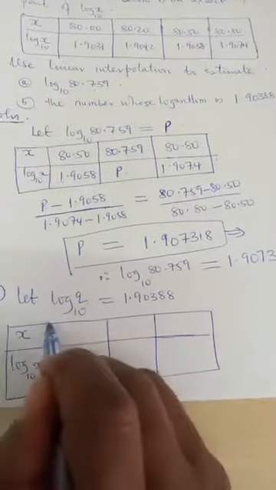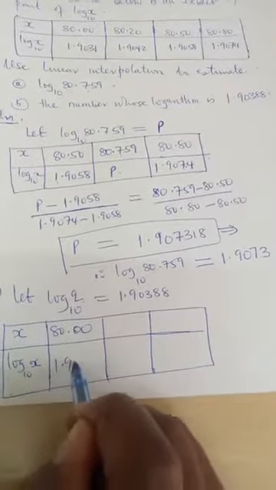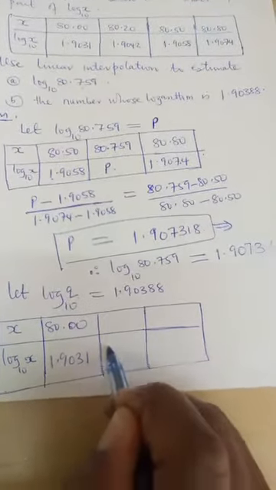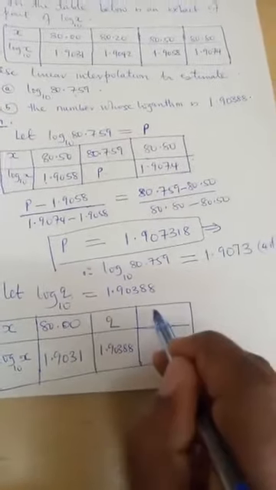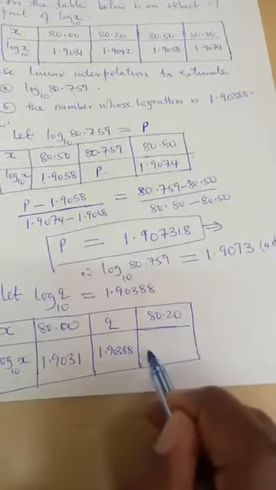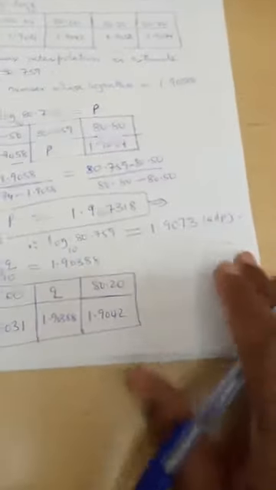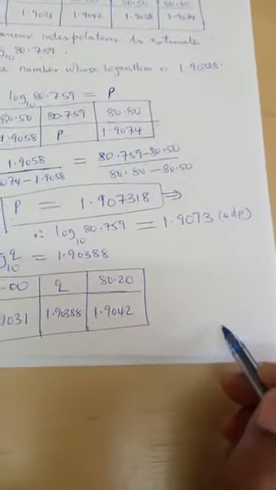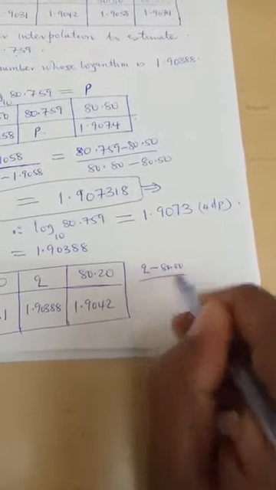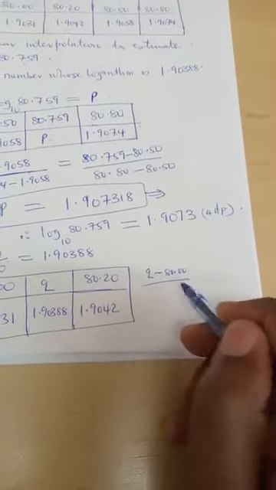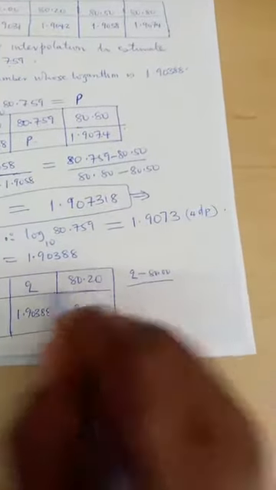So as we attempt to start our solution, we have 80.00, we have 1.9031, here we have 1.90388, this is Q now, and here we have 80.20, and the corresponding value is that. So we will use the same approach and say that Q minus 80.00 over the corresponding difference.